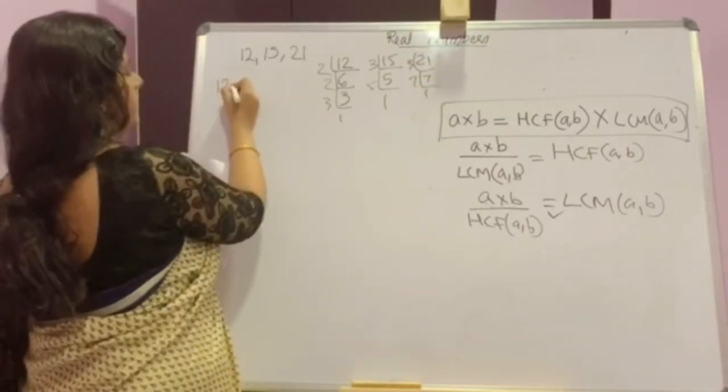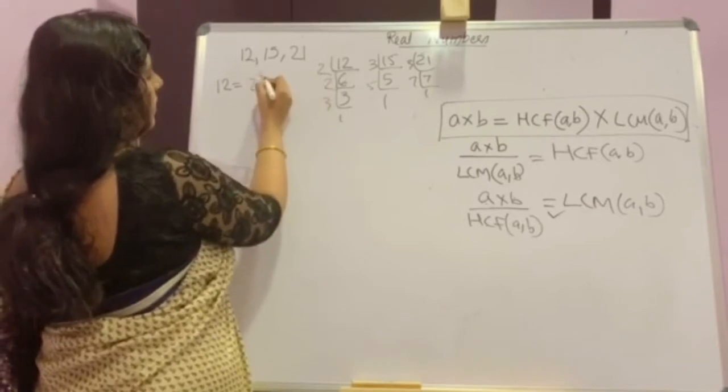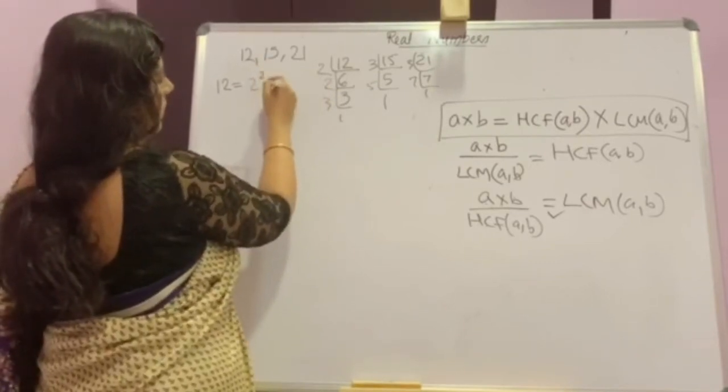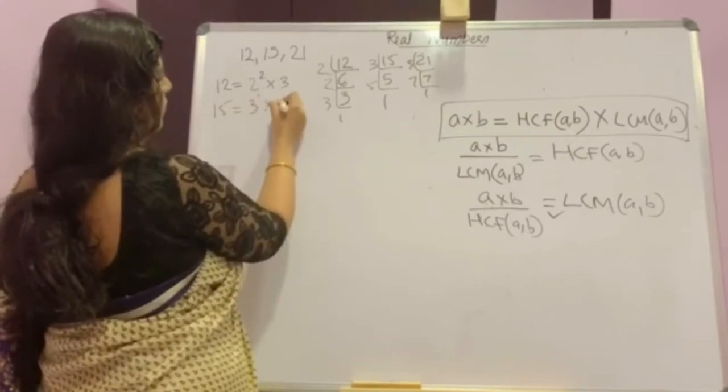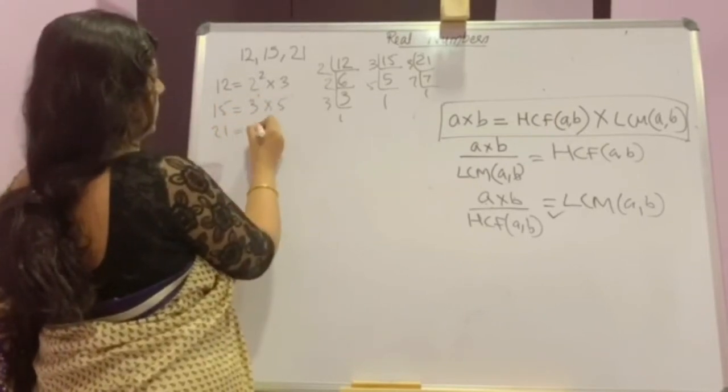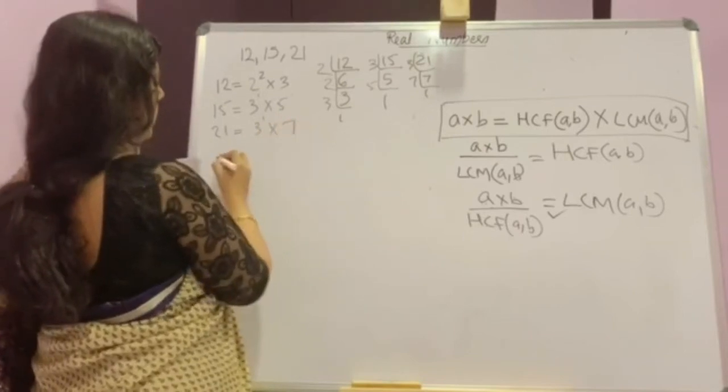So 12 is equal to 2 square into 3. 15 is equal to 3 raised to 1 into 5. 21 is equal to 3 raised to 1 into 7.